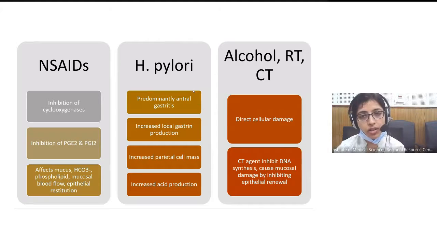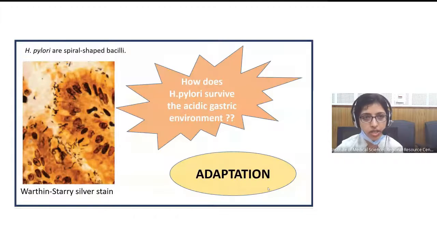If there is increased acid production, it will result in formation of duodenal ulcers or gastric ulcers. While if there is a body-predominant gastritis, then the patient may not develop ulcers, but is at risk of developing adenocarcinoma. I will be talking about this in detail subsequently. Now, alcohol, radiotherapy and chemotherapy cause direct cellular damage, resulting in gastritis.